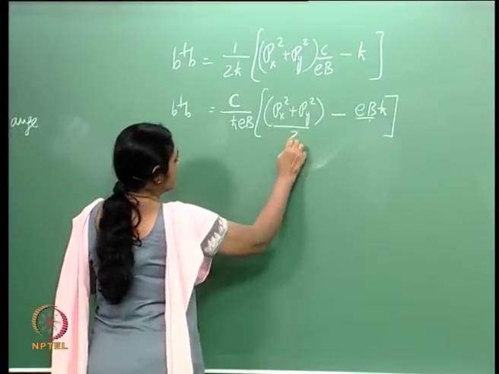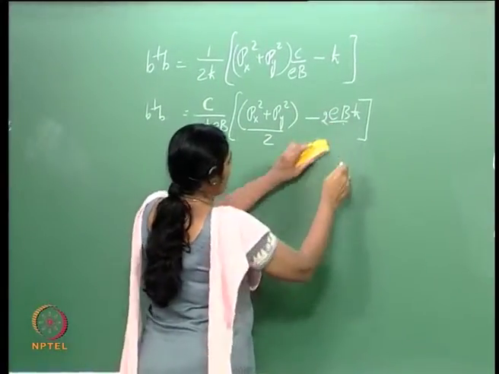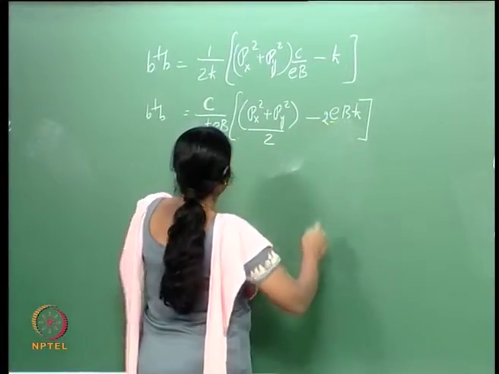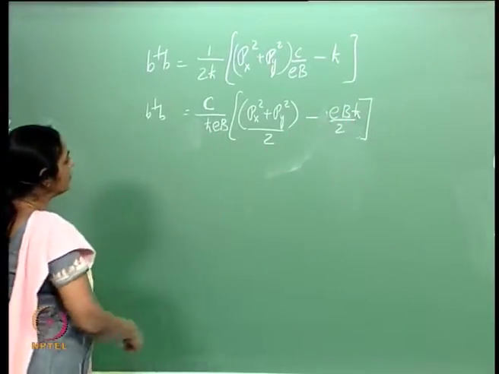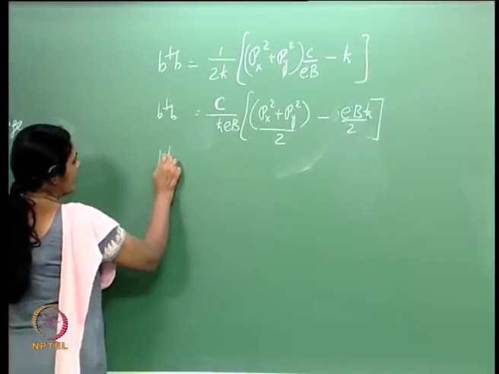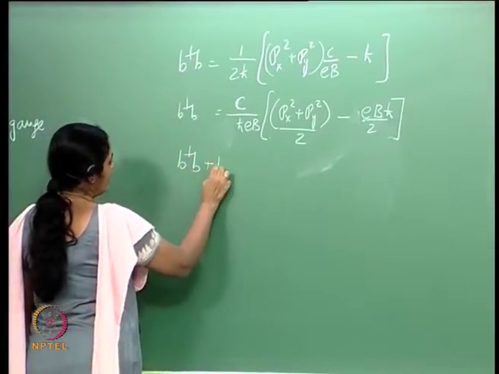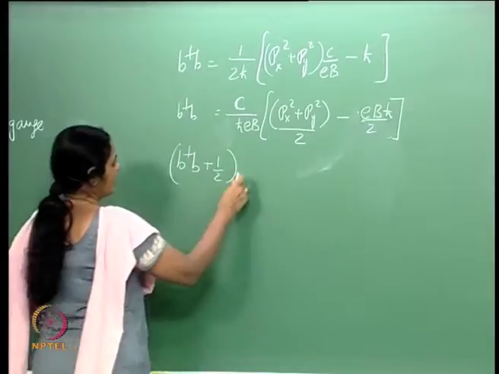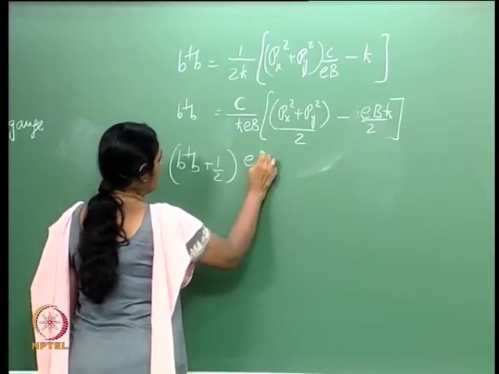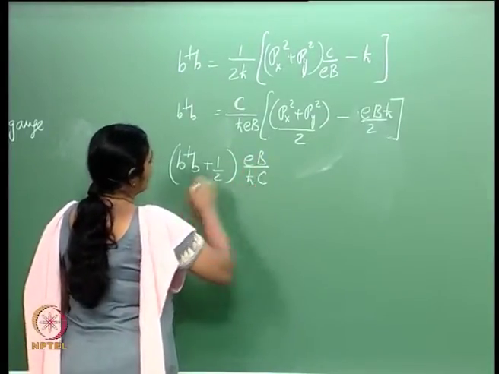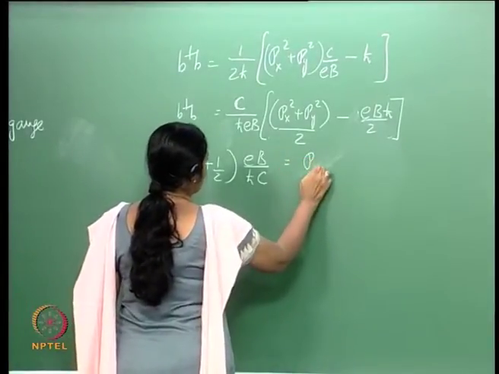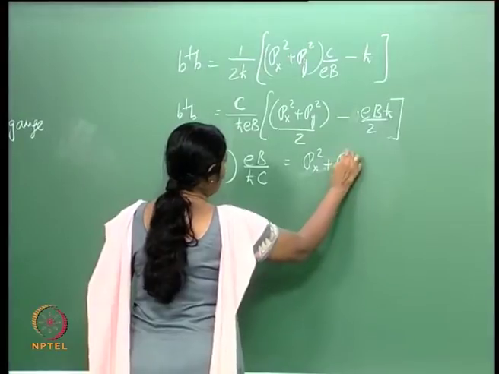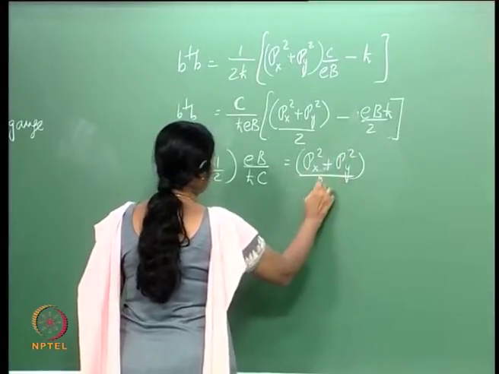I can pull the 2 inside and multiply this by 2, divide this by 2, and then I am through, because I now see that B dagger B plus half times EB by ħC is Px squared plus Py squared by 2.